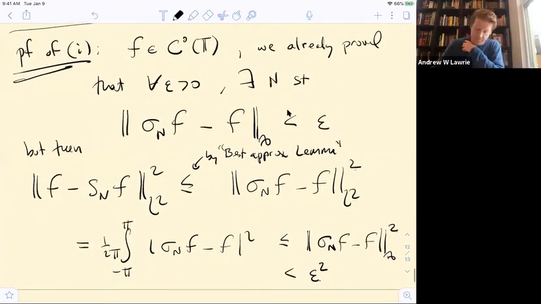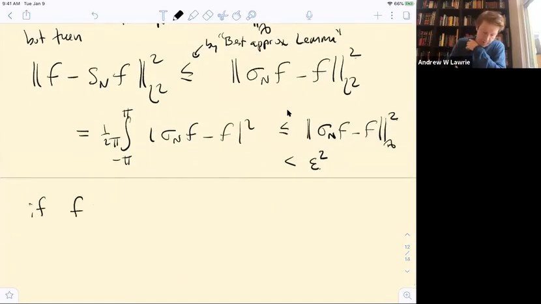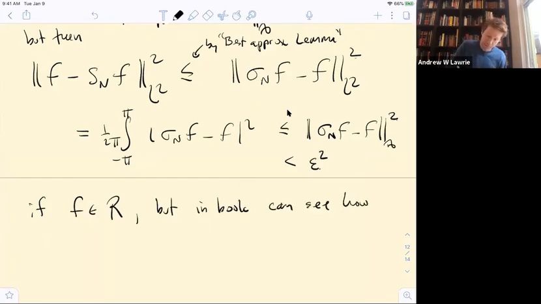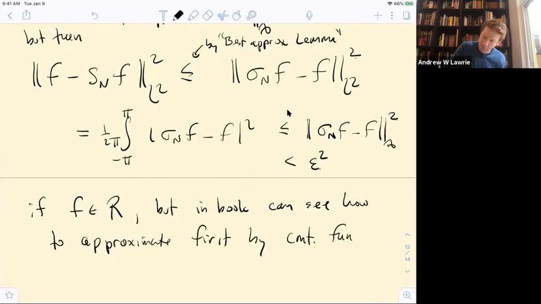Yeah, and okay, so this is just for continuous functions. If f is Riemann integrable, this doesn't work anymore. But in the book, you can see how to approximate first by continuous functions. So first, if you have a Riemann integrable function, find a continuous function that's close to it in L2. The book shows you a way to do this.